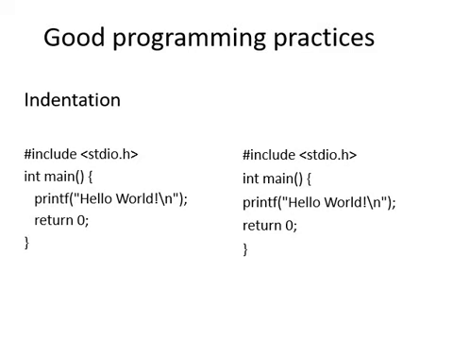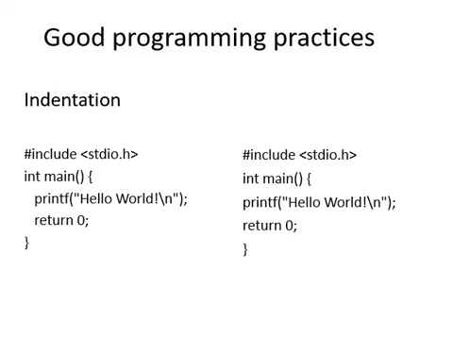So, what are the good programming practices that we have? Every time you write a program, please use indentation so that it is clear for the person who is reading it for the first time, showing when a block is getting started and when it is getting ended.